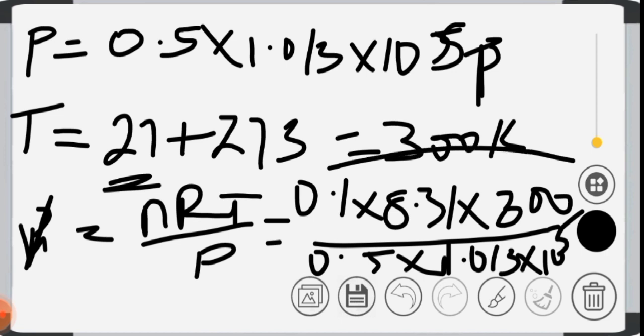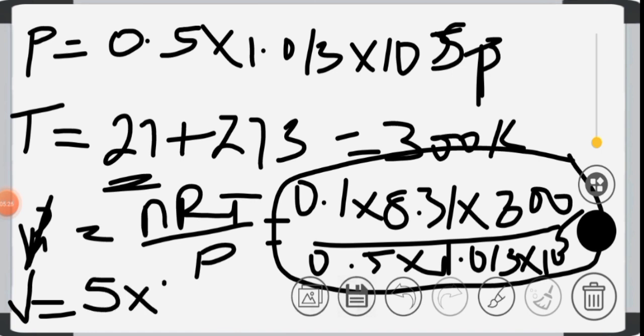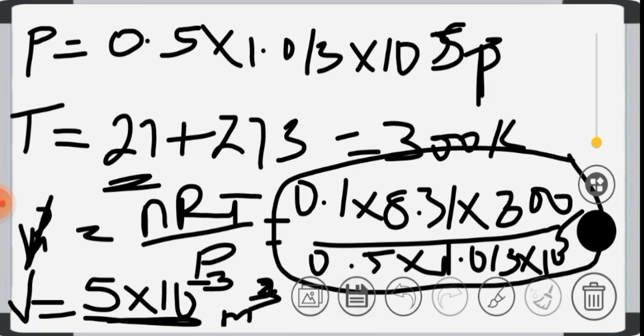So if you solve this now, let's see what we're going to have. The volume will be approximately 5 times 10 to the power minus 3 meter cube, or you can say 4.9 something times 10 to the power minus 3 meter cube. That will be the volume. Thank you.